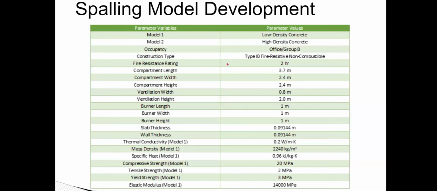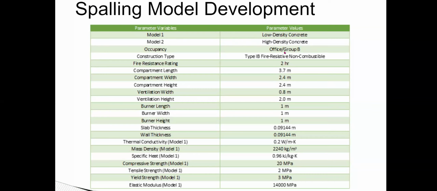To cover a few things, this is a simulation that I did, a model to develop if you were to query a spalling element. The first model is a low density concrete, and the second model is a high density concrete. Maddie spoke to the differences in the densities and how they change the temperature.